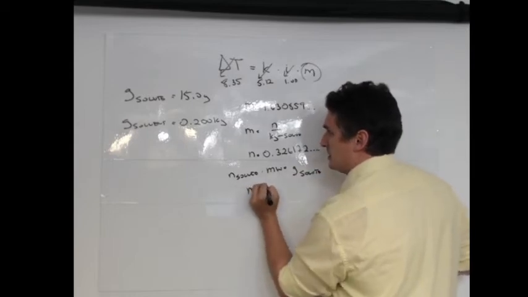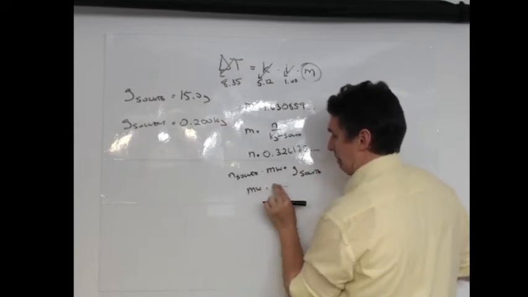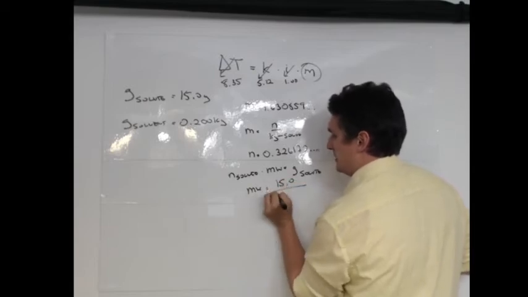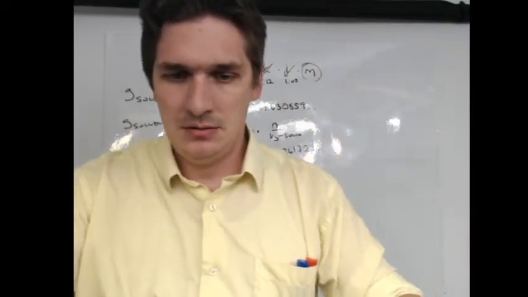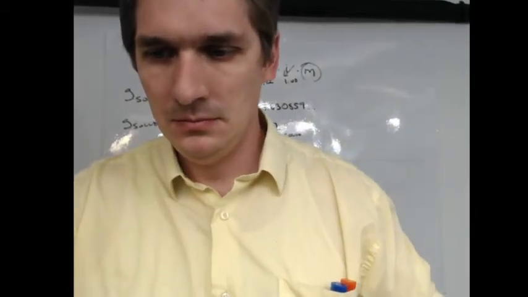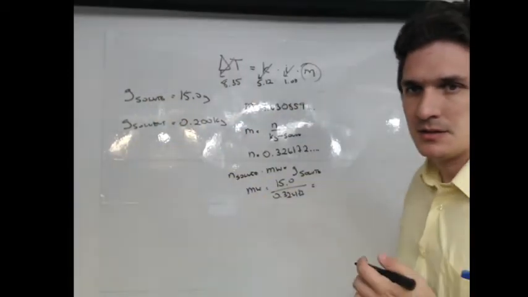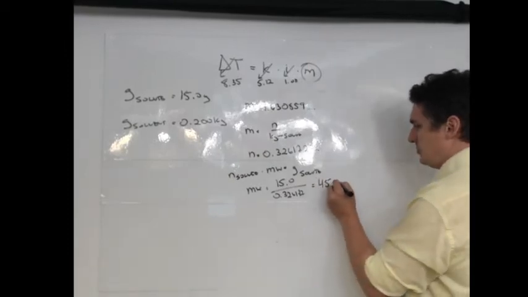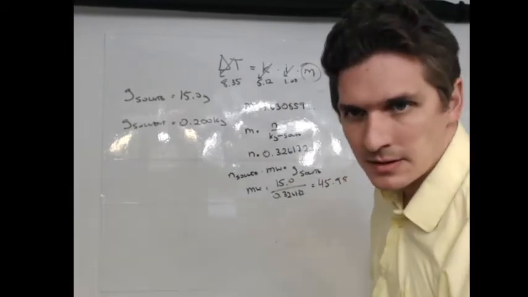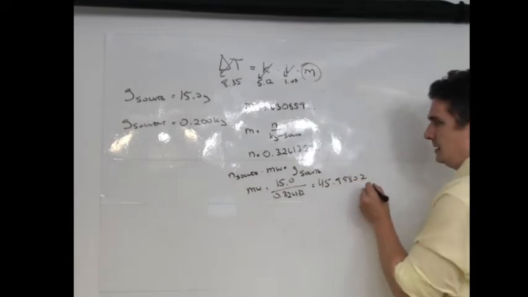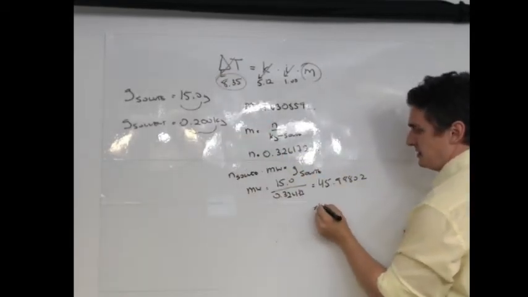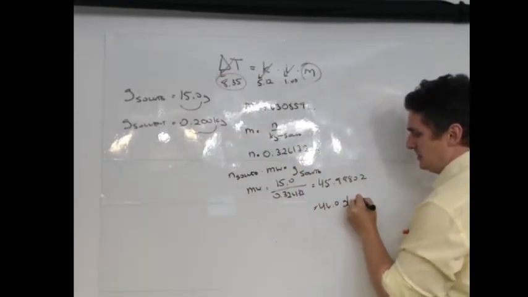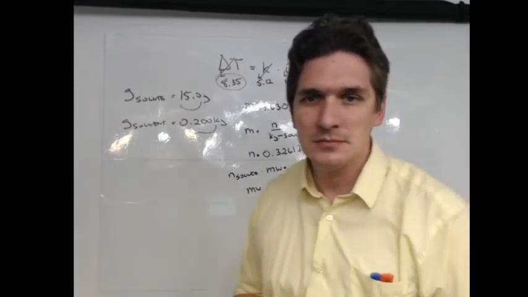So our molecular weight is just our grams, the 15.0, divided by the 0.326172. And when we work that out, I get 45.98802. 3 sig figs here, 3 sig figs here, 3 sig figs here. So your final answer here is going to be 46.0 grams per mole.